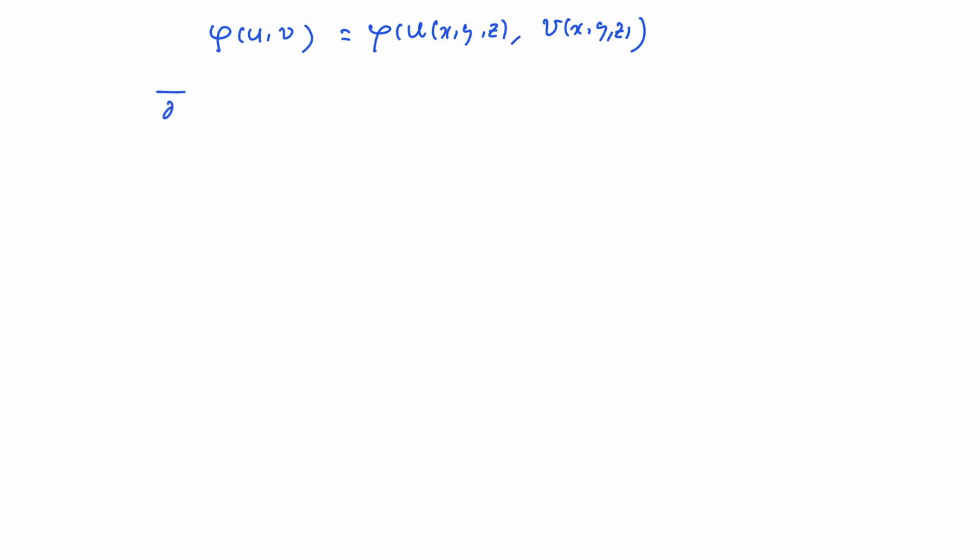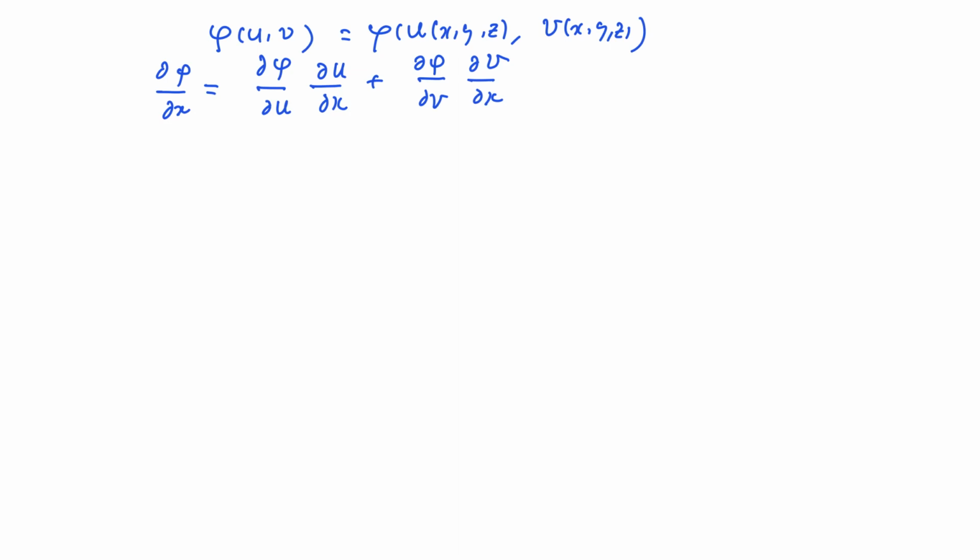So partial phi over partial x is partial phi over partial u times partial u over partial x, plus partial phi over partial v times partial v over partial x, right?